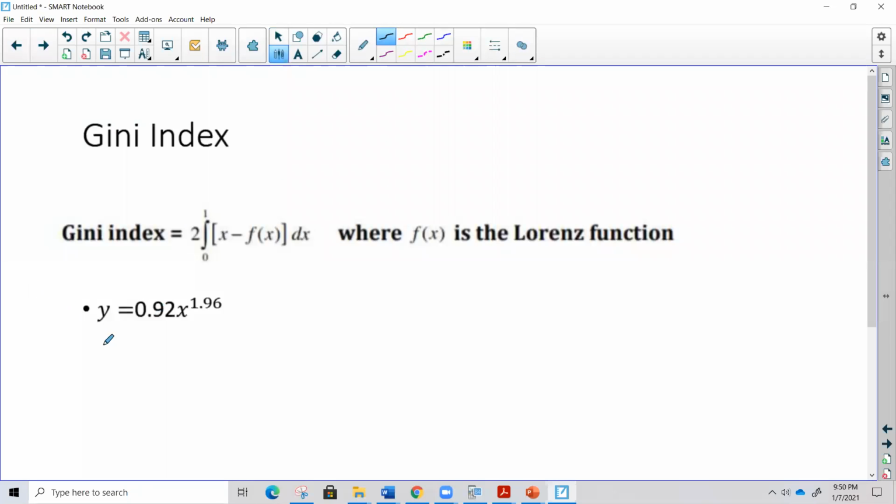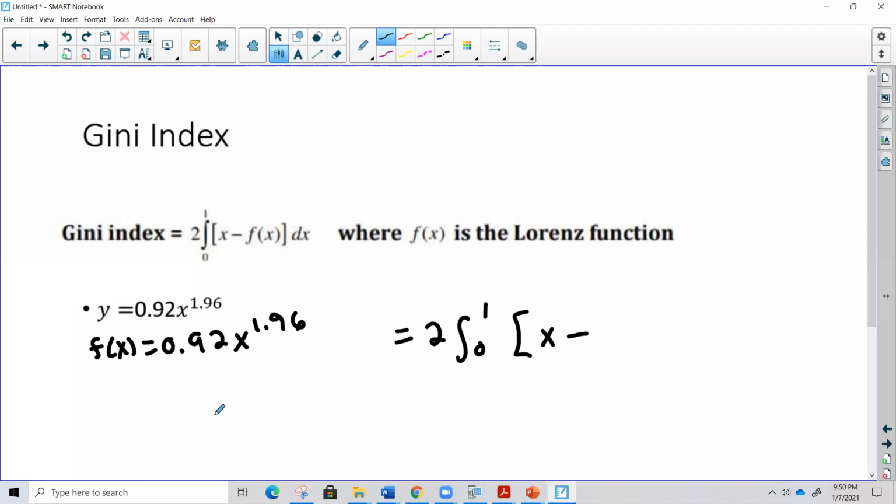So this y equals is the same thing as f of x equals this 0.92x to the 1.96. Okay, the Gini index is this formula where it's the integral from 0 to 1 of x minus my f of x, which is this 0.92x to the 1.96 dx.